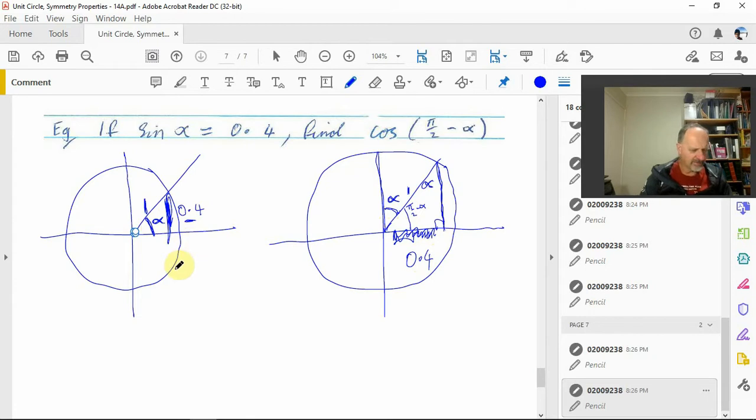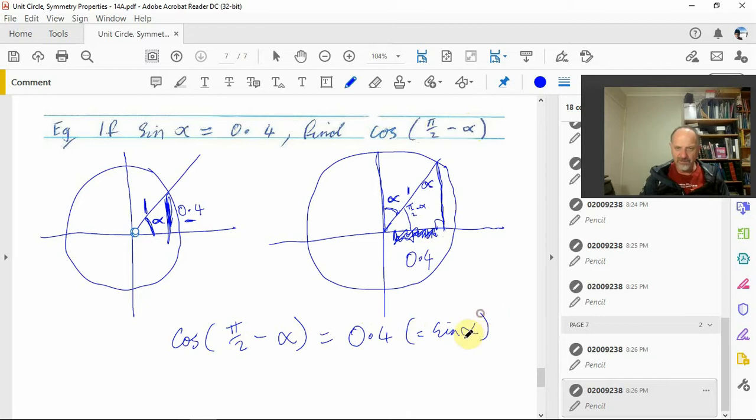So what can we go from that? Well, the cos of pi on 2 minus alpha, this side here, is in actual fact 0.4 through that geometry, but of course that was sine of alpha.